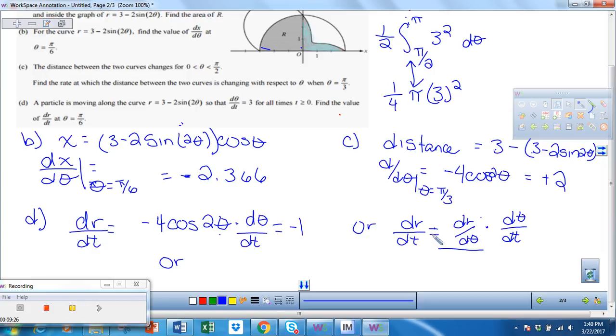Okay. And we had dr d theta, was that given to us, or we had figured that out from before? You still had to calculate dr d theta? Yeah. Okay, d theta over dt was given. So this is 3, and then you had to calculate dr dt at that point, which is basically the exact same thing that we did.